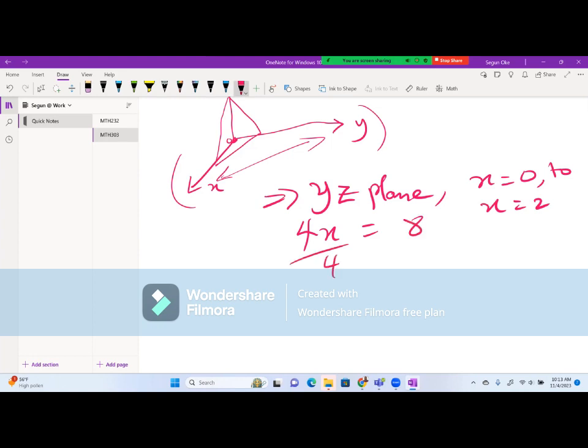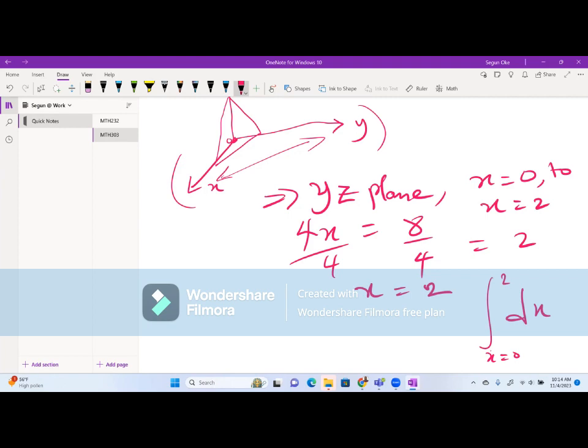Divide both sides by 4. What do you have? You have 2. That's where you have x equals 2. And we know the initial condition says x equals 0. So in this case, the integral of x will be from x equals 0 to 2. Please take note of that. Any question? Can we proceed?